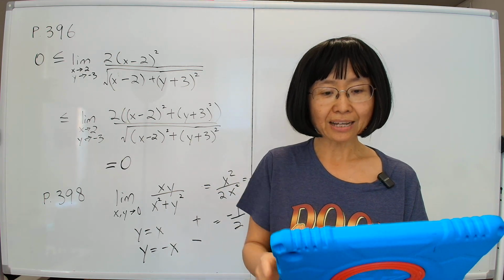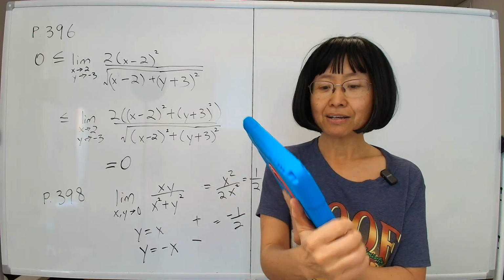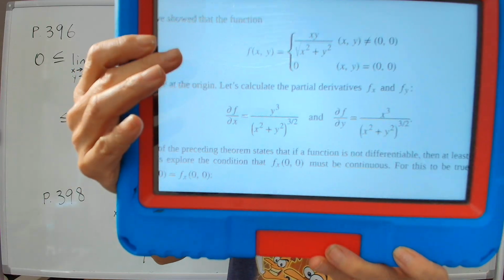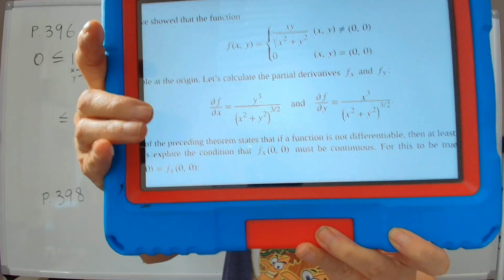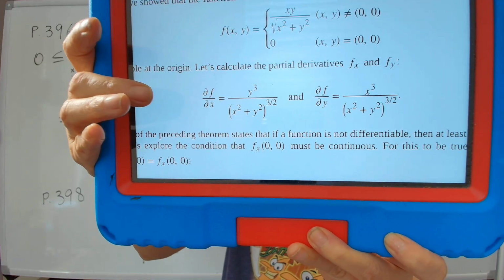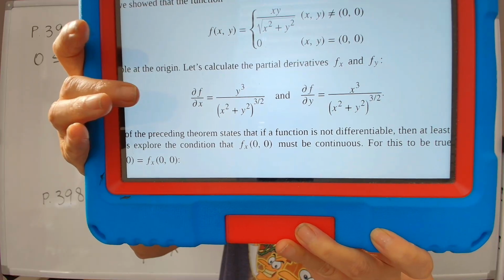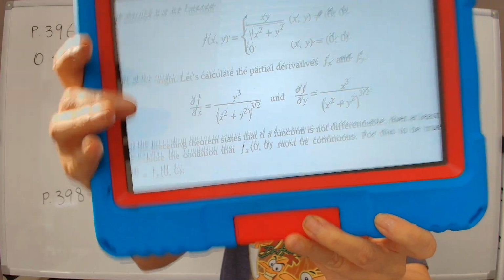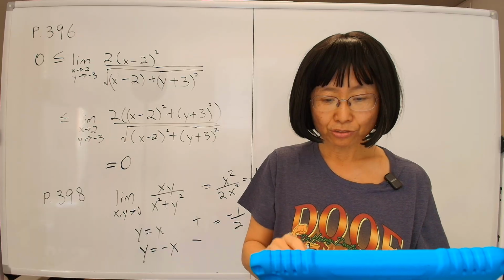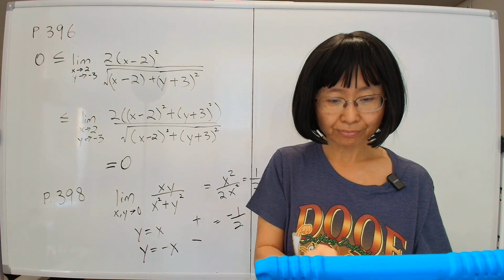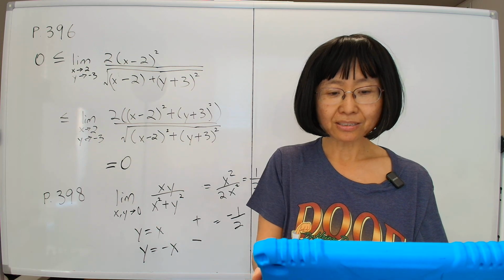Now to show that, we will look at that same old function again, and then we will take the partial derivatives of f. Here's a function which is continuous at 0. Then we'll look at partial f over partial x and partial f over partial y, and figure out whether those things are continuous at 0, at the origin. To do that, let's do some calculations.